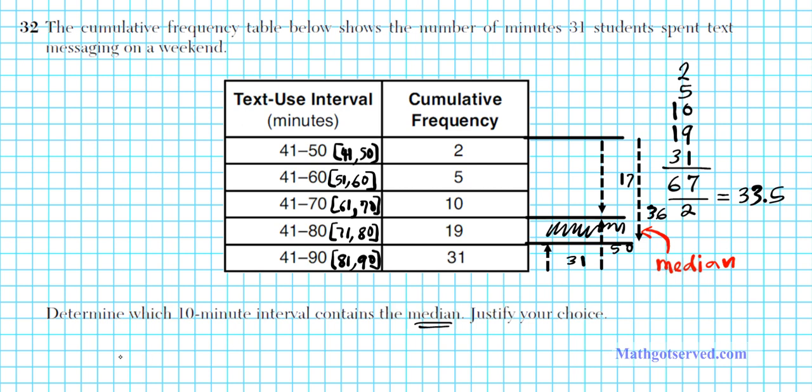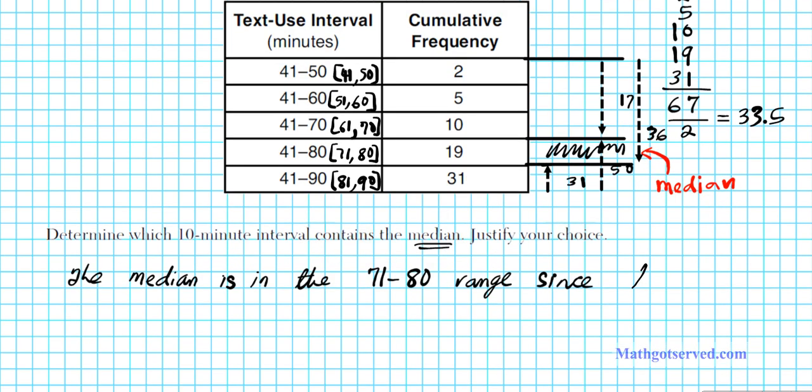All right, so let's go ahead and write down our answer and the justification. So we write: the median is in the 71 to 80 range, since the median minutes of 33.5 falls in that interval.